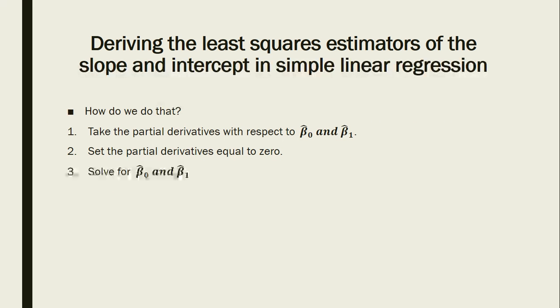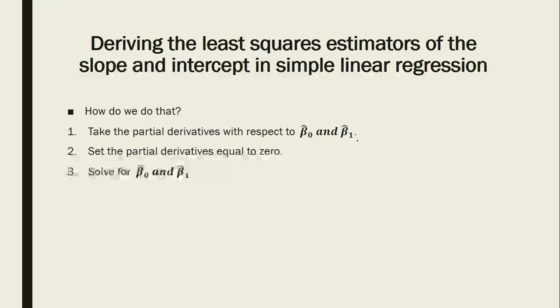Now, deriving the least squares estimators of the slope and intercept in simple linear regression. We are going to take the partial derivatives with respect to beta naught hat and beta 1 hat. We will then set those partial derivatives equal to 0, and then we will solve for beta naught hat and beta 1 hat.